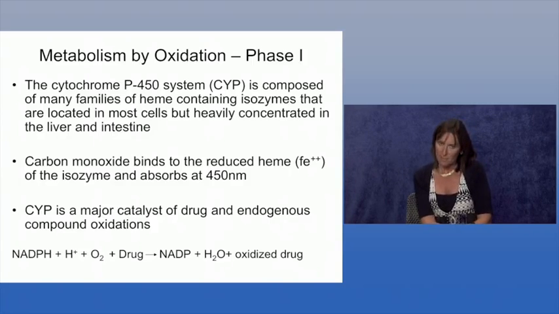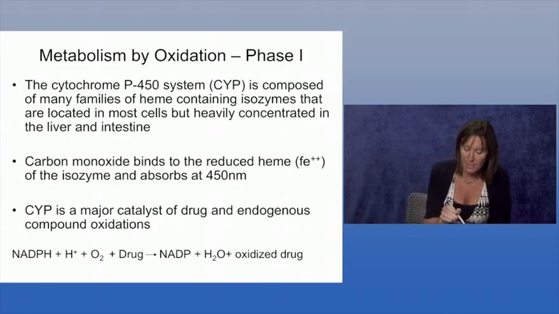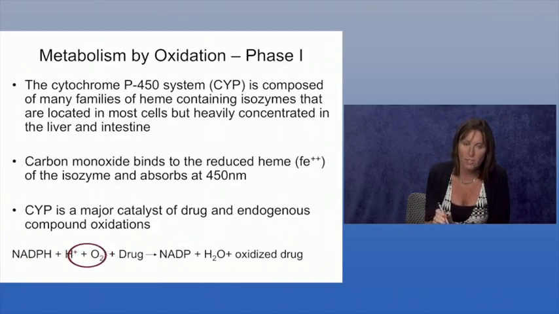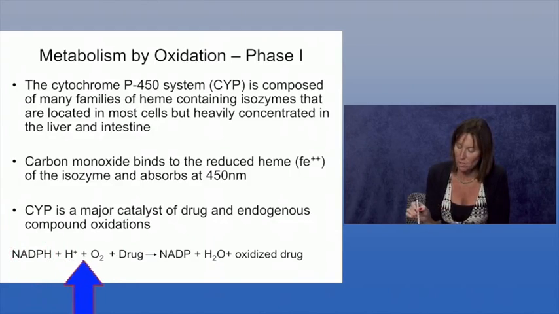And for those biochemists out there amongst you, this is the chemical reaction that we are talking about. We have the drug, we have a source of oxygen, a hydrogen ion, and an energy source. And we see the addition of this hydrogen ion and oxygen to produce water, and the transfer of the oxygen from the O2 to produce the oxidized drug.